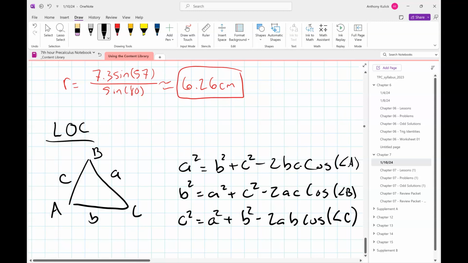What do these formulas all look like to you guys? Looks like the Pythagorean theorem, right? If I just looked at that part of it, it's like the Pythagorean theorem with this extra correction factor. If we were to prove or derive this formula in class, which we're not going to, we'd be using the Pythagorean theorem for that derivation.